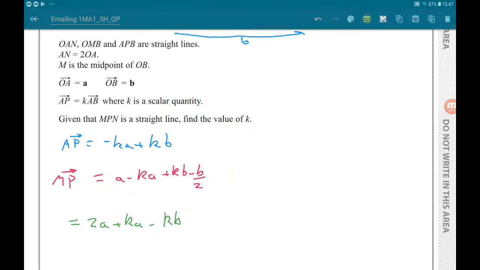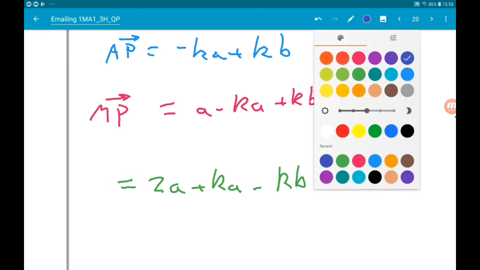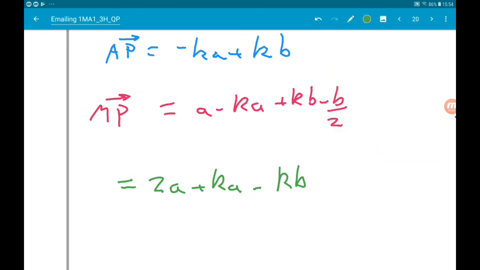Okay, so now then, at this point, we know two parts of the same line. Because they lie on the same line, that means they are parallel.